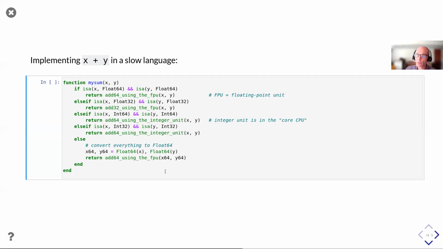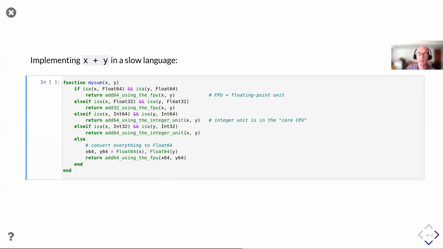The point is that each one of these decisions about what to call may only take a nanosecond or so. But the process of figuring out what you're working with and then which routine you're going to use has to happen, in some cases anyway, for every single operation you do on the computer.